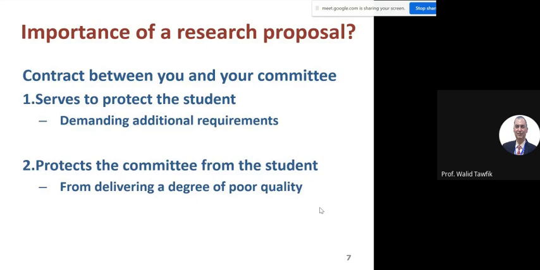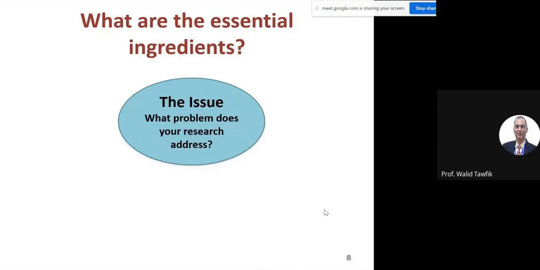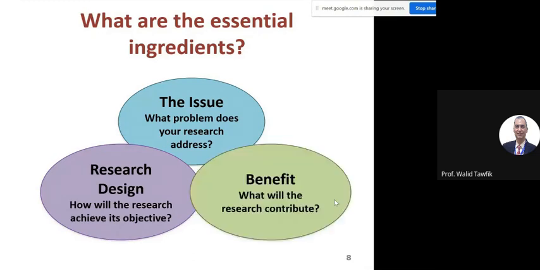All of this should be committed perfectly to protect the committee from the student delivering a degree of poor quality. Of course, the issue and the problems. We have research design and we have benefits. The research design includes how the research will be achieved, and the benefits include what the research will contribute.